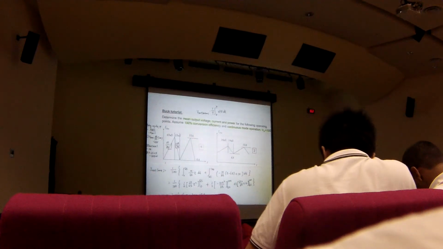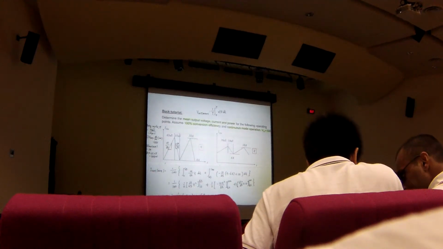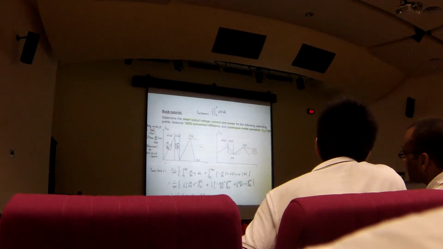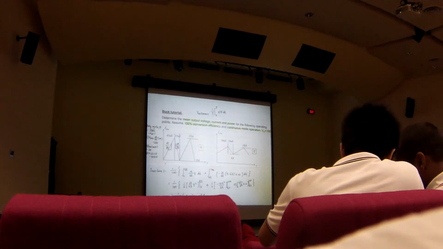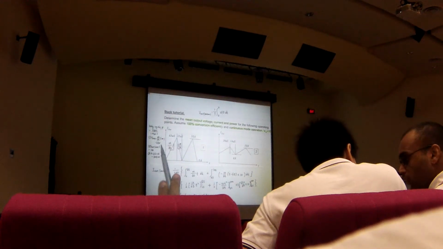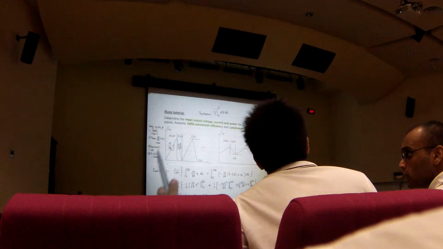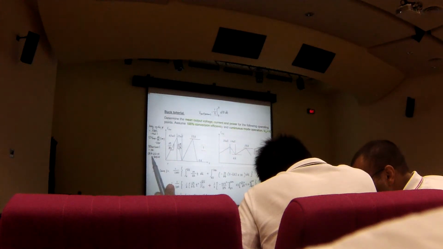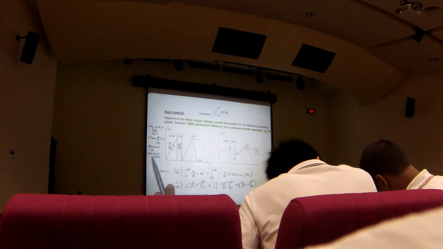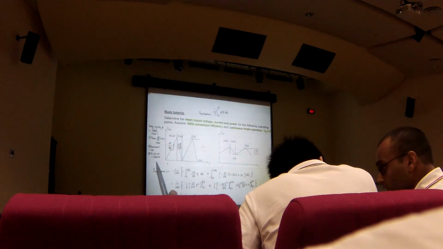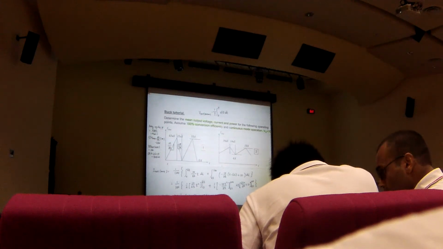You get 1 over 100 times 500, which is 5 ampere. So you have just established that the output voltage is 65 volts, and the output current is 5 ampere. So what is power? Just V times I. 65 times 5, and you get 325. Easy, right?